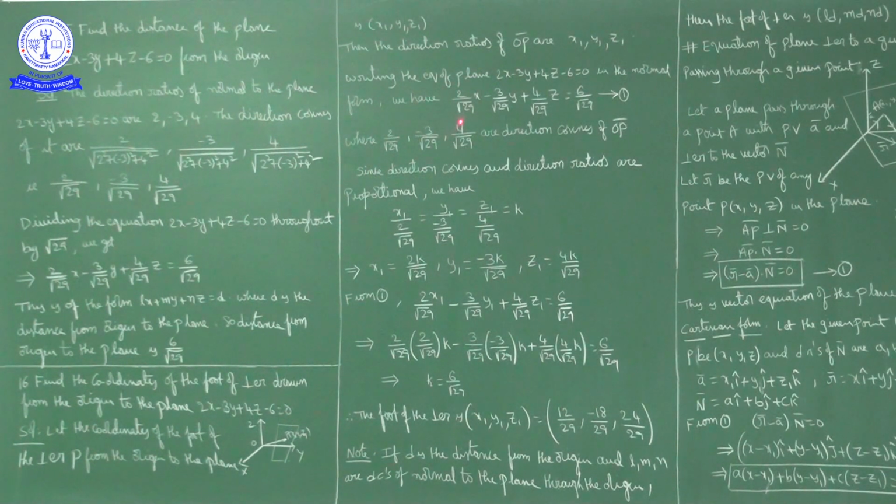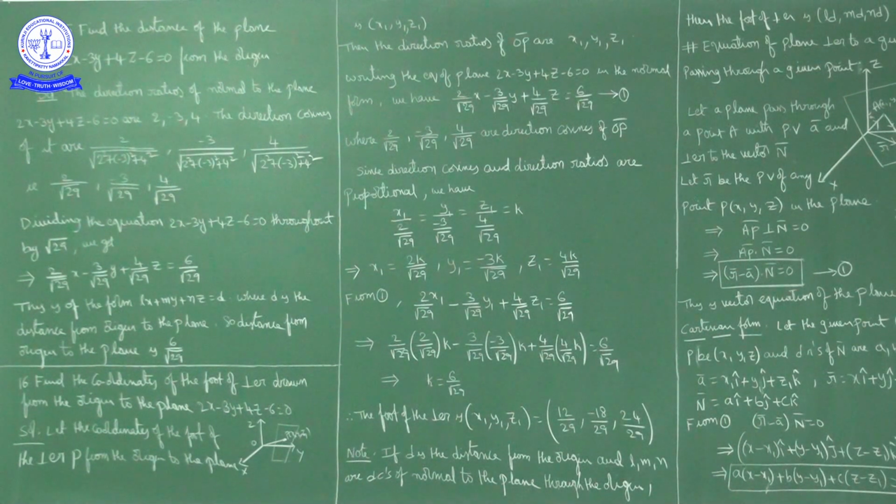This plane equation is of the form Lx plus My plus Nz is equal to D, so what are the direction cosines? Direction cosines are 2 upon root 29, minus 3 upon root 29 and 4 upon root 29. These are the direction cosines of OP bar.